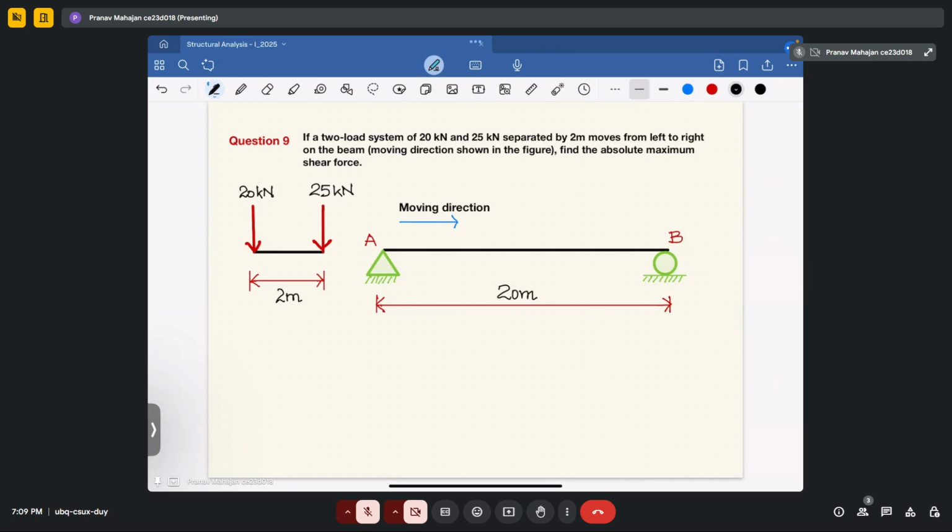So, maximum shear force, if you are expected to calculate, since there is no loading, so maximum shear force will only come in two cases.